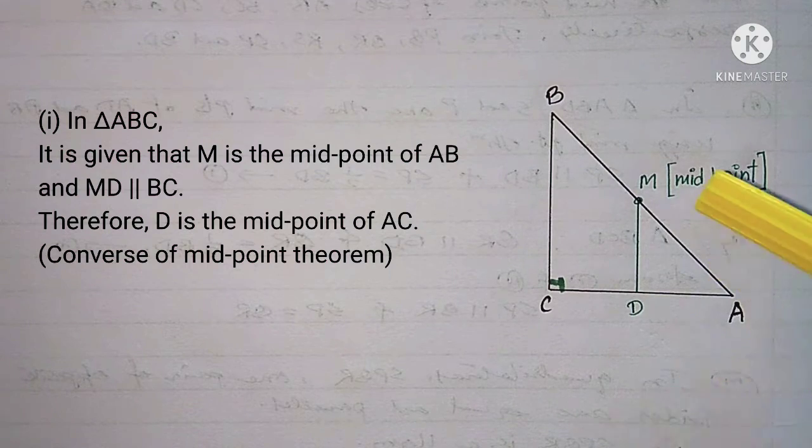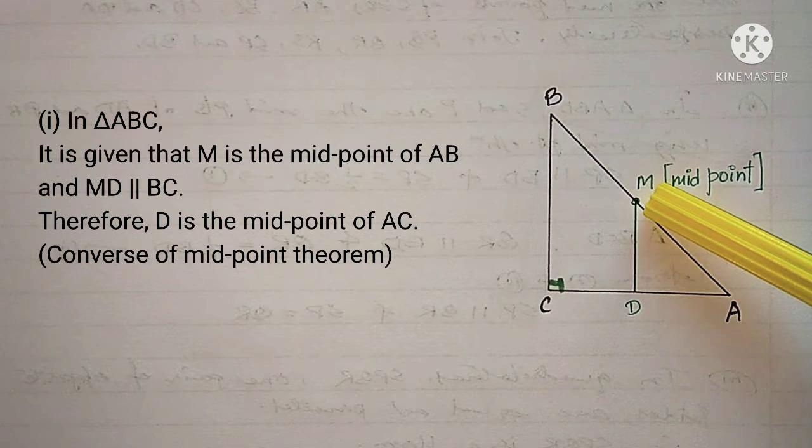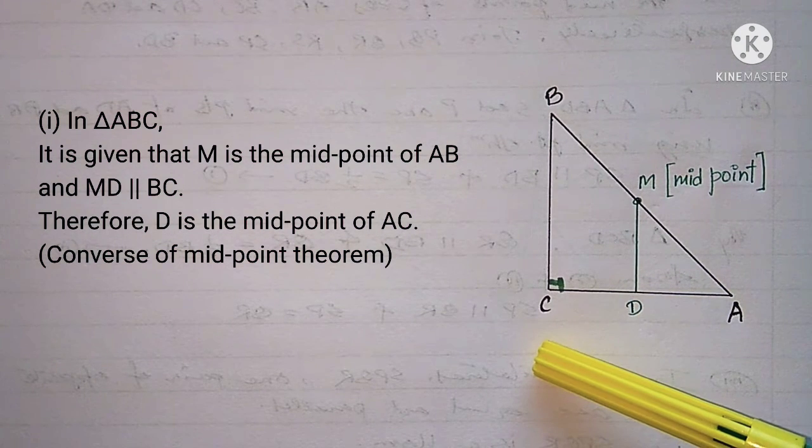Now, when MD is parallel to BC and M is the midpoint, we know the converse of the midpoint theorem. Through the converse of the midpoint theorem, D is also the midpoint of AC. Why?